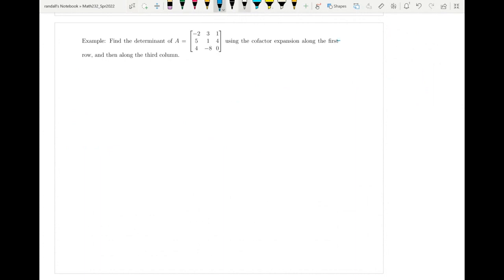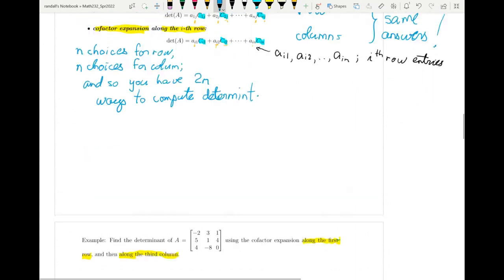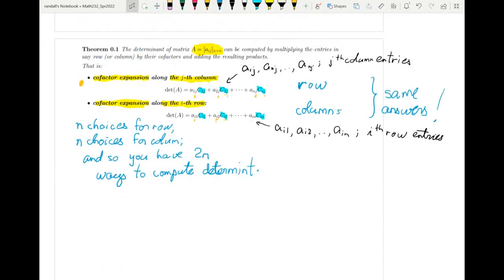Typically, you would be selecting which row or column to use for computing the determinant yourself. And I'll give you a little hint of what might cause you to select one row or column over another. If you go back to this formula here, notice the expansions across columns or rows.